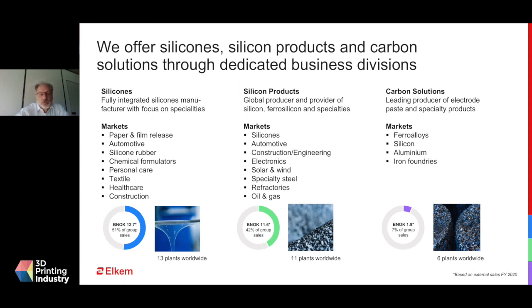The second biggest division is silicon products, with roughly a turnover of $1.4 billion. Besides supplying silicon metal to ourselves, the silicones division, they also have advanced materials for many industries, from oil and gas to automotive.